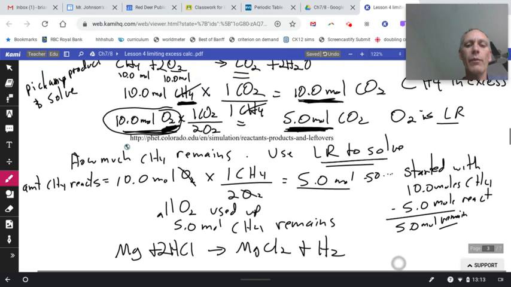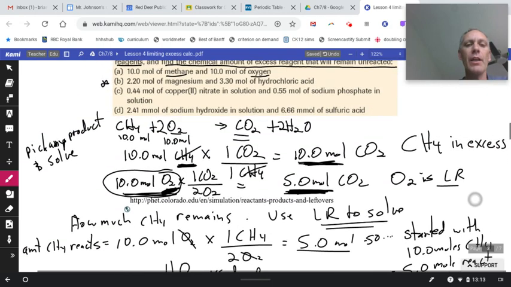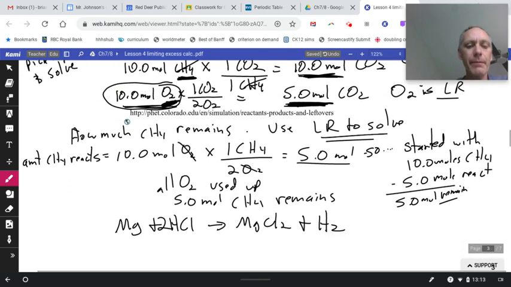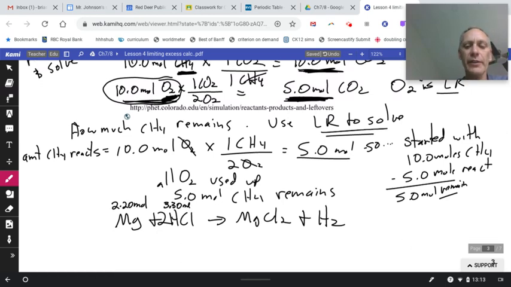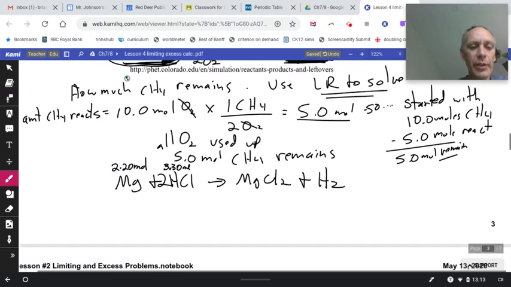Okay, so that was 2.2 moles of magnesium and 3.3 moles of HCl. Okay, so which one is the limiting and which one is in excess? So again, to solve the problem, we're going to solve it twice, once with each amount of reactant. And let's pick, we'll go with hydrogen as our product.